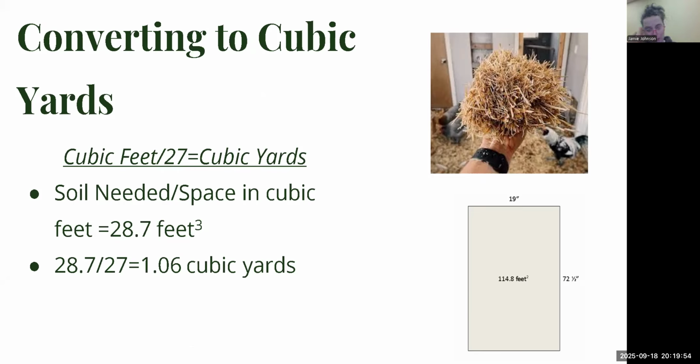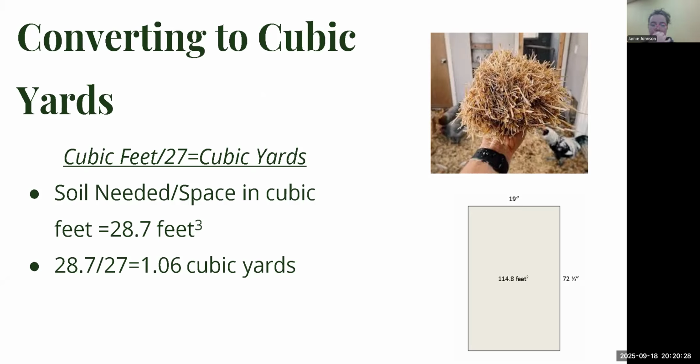So if you bring this in and you're like, hello, I need 28 cubic feet of bedding, your feed store, your hardware store, wherever you buy your bedding, might be like, actually, what? So you divide your cubic feet by 27 to get cubic yards. 28.7 divided by 27 is 1.6 cubic yards.